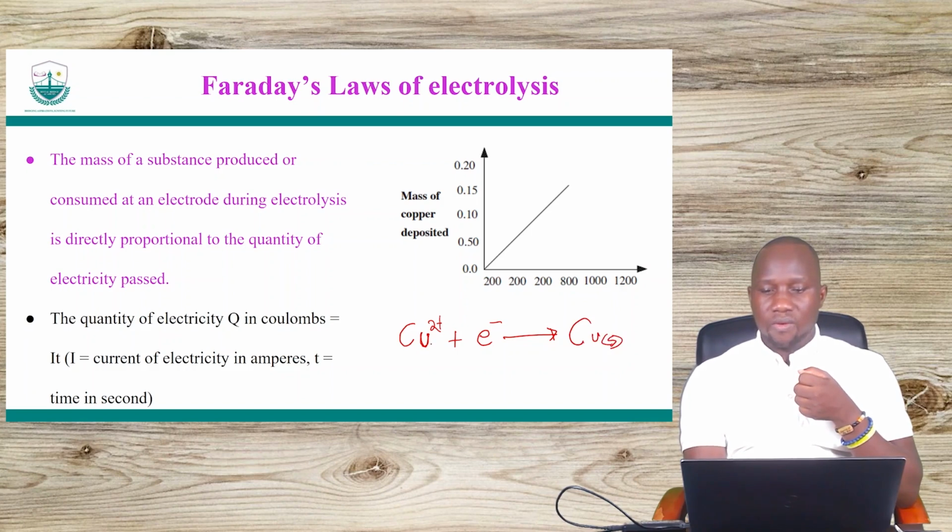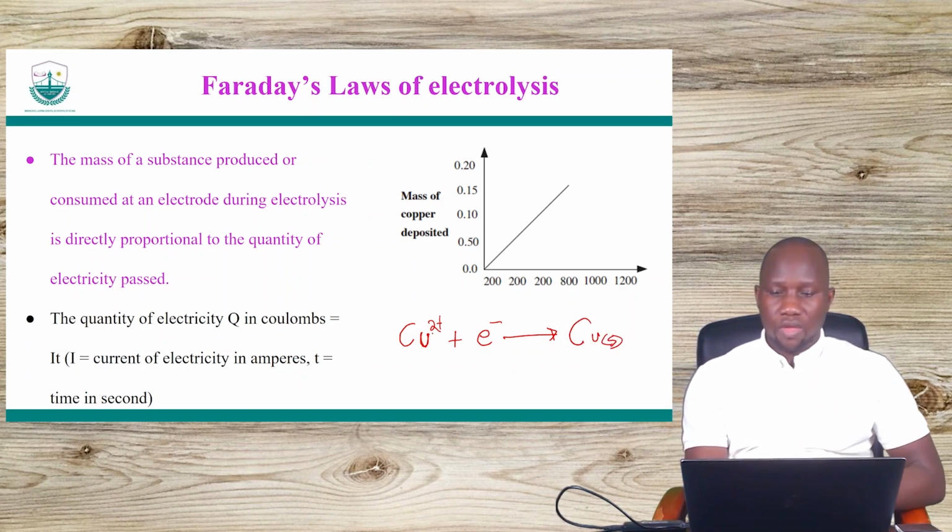Now the charges need to balance. So you have positive 2 here. You need to balance with this 0 charge here. You put a 2 here, such that this 2 and this 2 cancel out. So you have the copper ions being converted into copper solid, right?